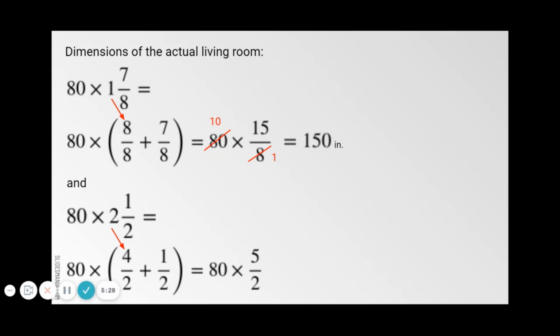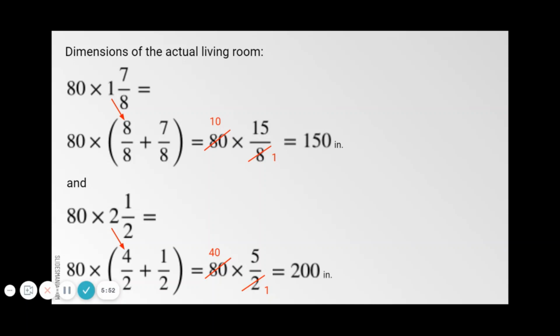Again, we notice that 80 and 2 have a common factor of 2 that can be factored out, making it easier to multiply. So 80 divided by 2 is 40, and 2 divided by 2 is 1. 40 times 5 is 200. And again, we're talking about inches, so we label the 200 as such.